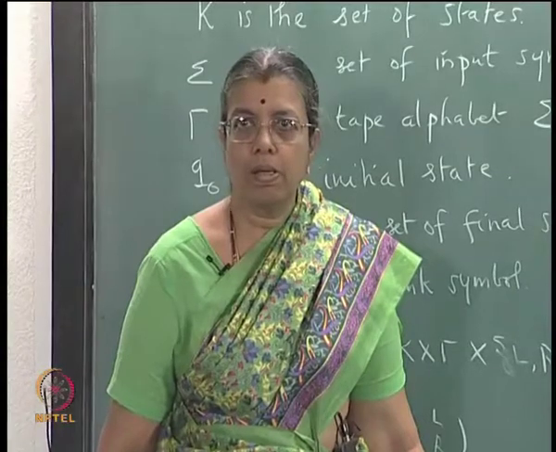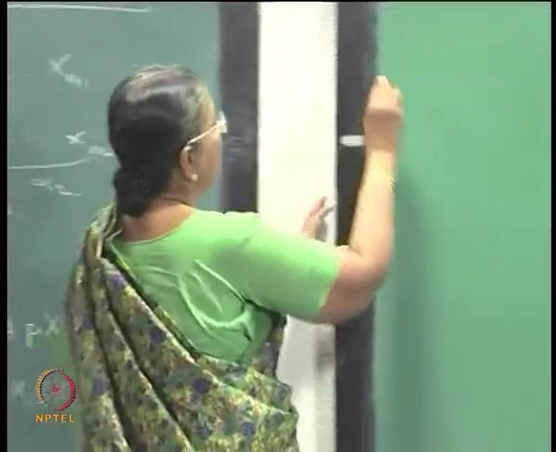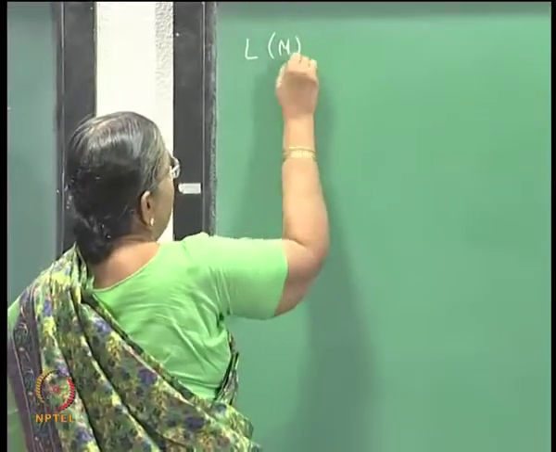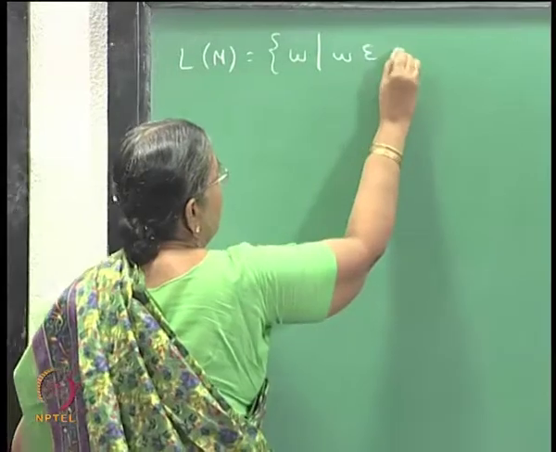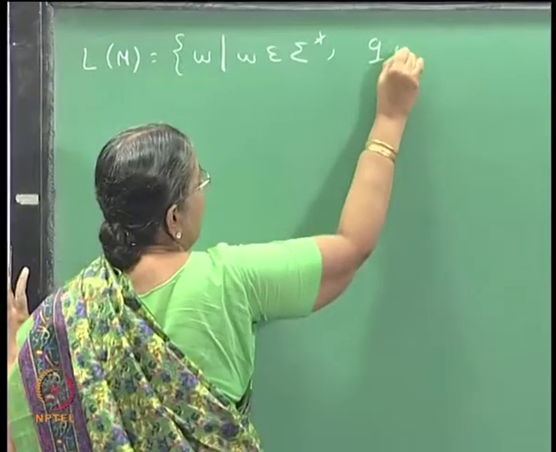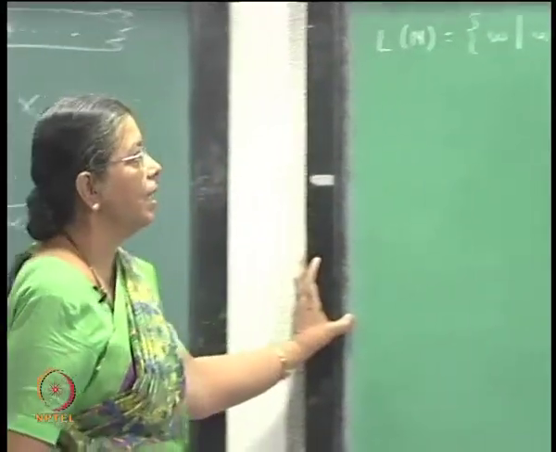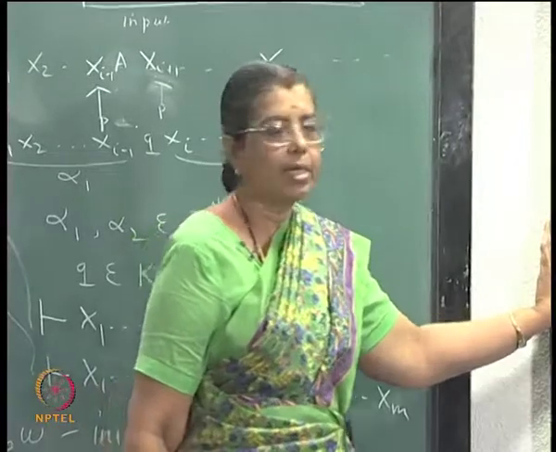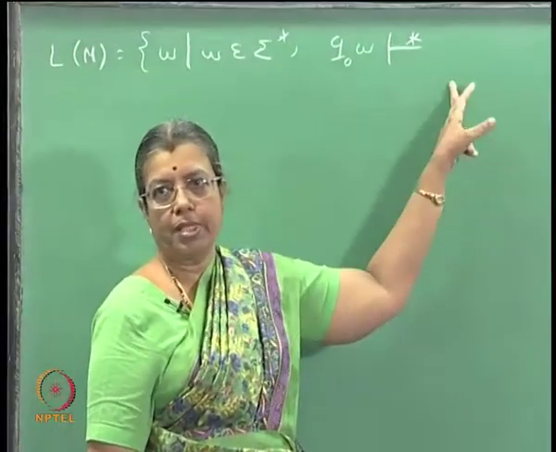The language accepted is denoted by L of M or T of M. L of M is the set of strings W, W belongs to sigma star, and the initial ID is q naught W. Of course, what does that symbol and then star mean? If you get in one step, you use this.